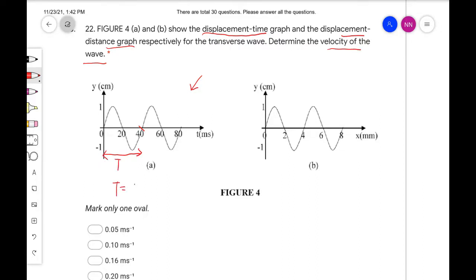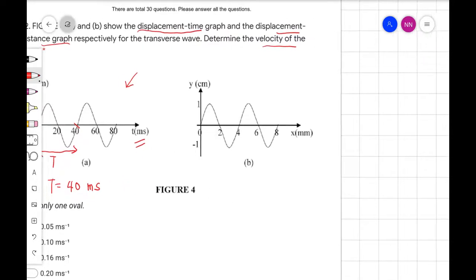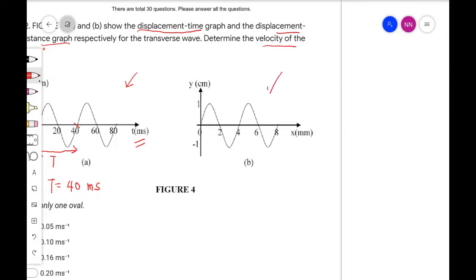Period equals 40 millisecond because the unit for t is millisecond in this graph. And then from the graph of displacement against distance, you can determine lambda. This is lambda.